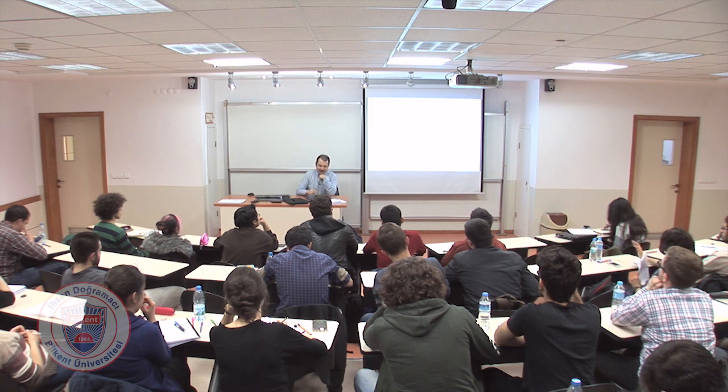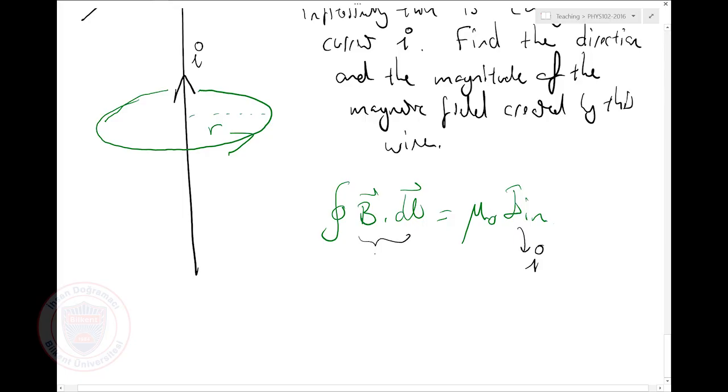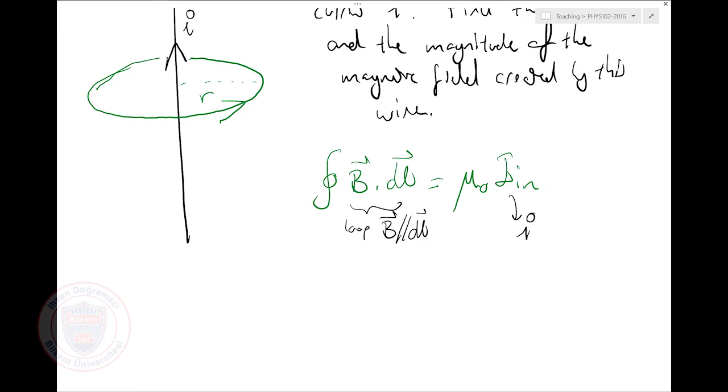So I'll say that on the loop, B is parallel to dl. Furthermore, because B and dl are parallel, the magnetic field can be taken outside the integral by symmetry. So this is going to give me mu0 times I.